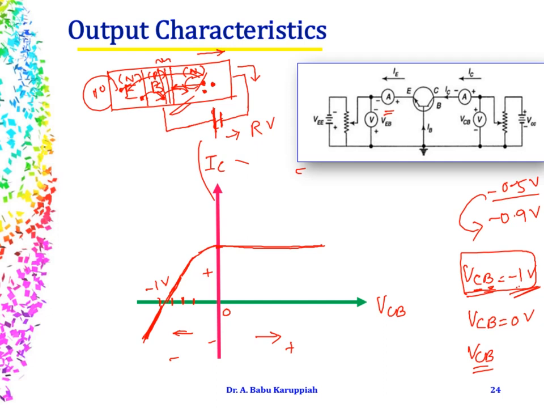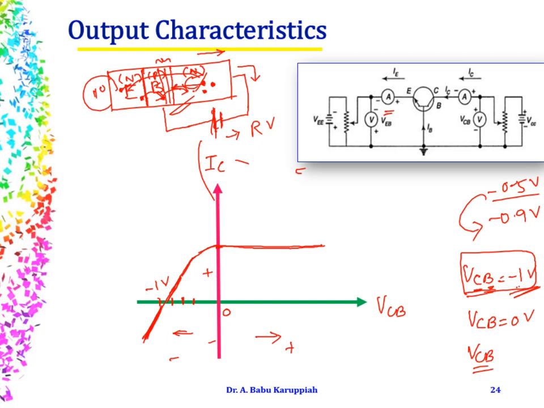And again, it is for us to recollect that when you start increasing your collector base voltage, the depletion region widens deeper into the base, and at one point of time it touches the depletion region of the emitter region, and so the emitter shorts with the collector. It becomes like a short circuit, and once you have a short circuit, there is going to be a sudden increase in the current.